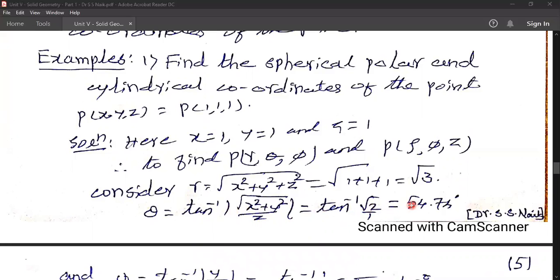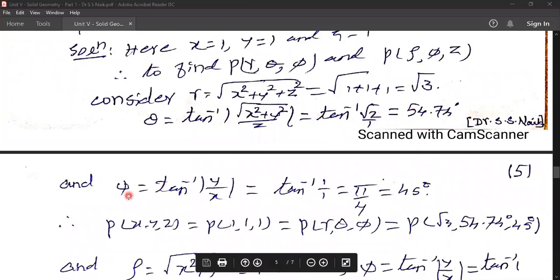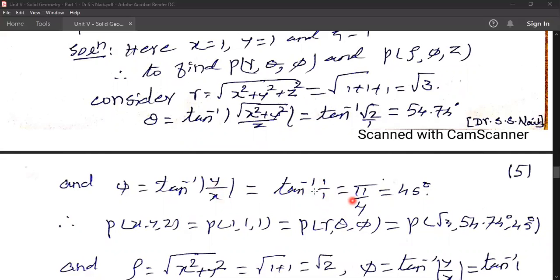54.74 degrees. Then phi is equal to tan inverse of y upon x, which is tan inverse of 1 upon 1, which is tan inverse of 1, equal to pi by 4, that is 45 degrees.